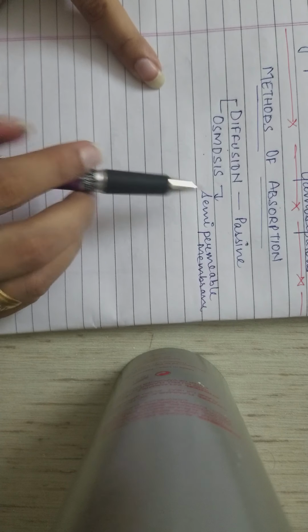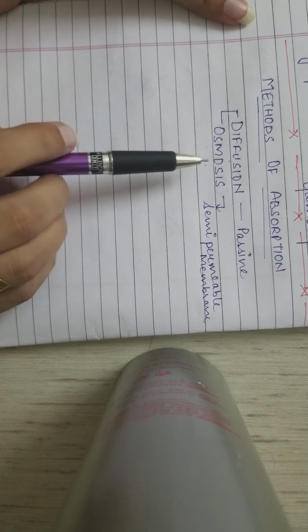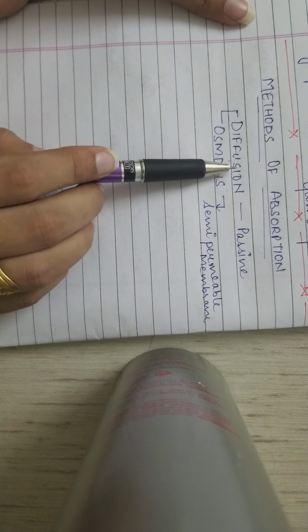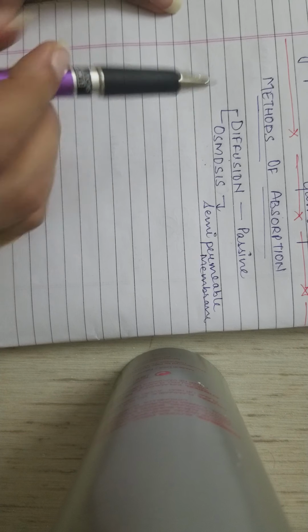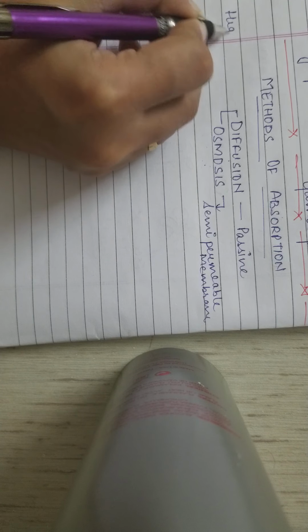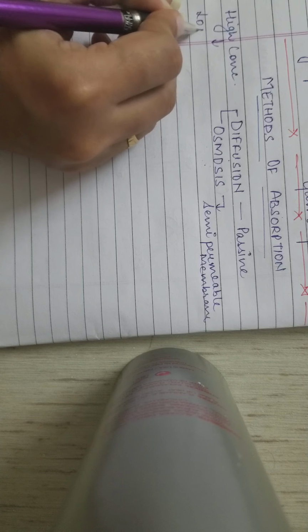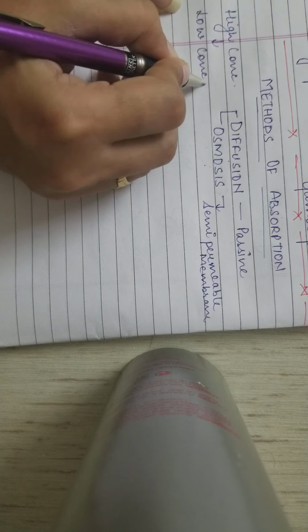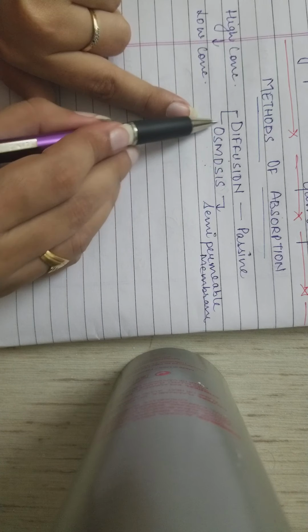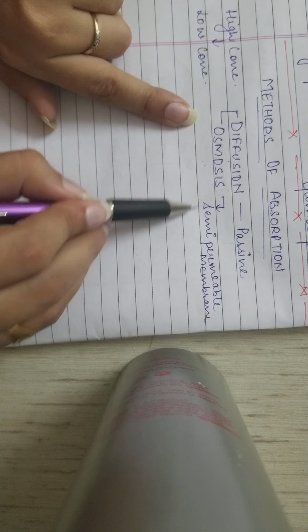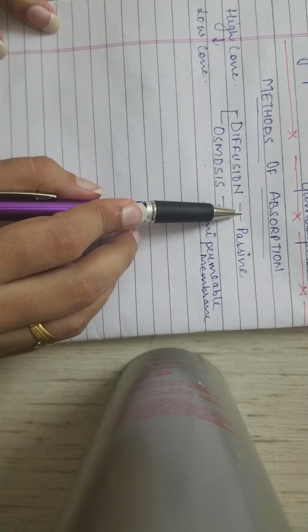Now the difference between osmosis and diffusion: the similarity is that both the diffusion and the osmosis take place from high concentration to low concentration. Whereas the difference is that in osmosis a semi-permeable membrane is required, which is not required in diffusion.